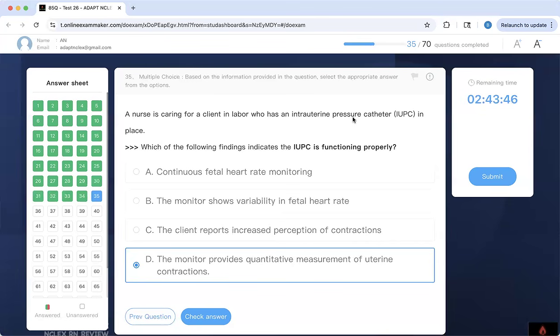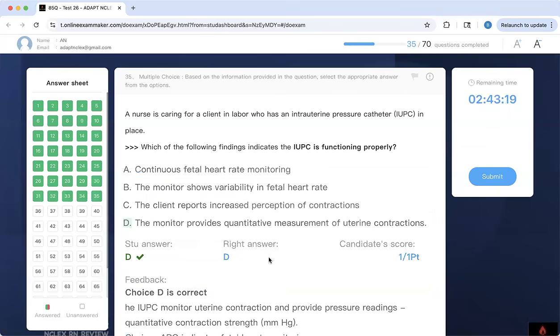The catheter is measuring the pressure of the uterine contraction, not the fetal heart rate. Don't pick B, it's a trap. And don't pick A. Continuous fetal heart rate monitoring is measuring the baby, not the contraction of the mother's uterus. You see, fetal heart rate and the mother's perception have nothing to do with the instrument measuring contraction pressure. Therefore, D is your right answer.